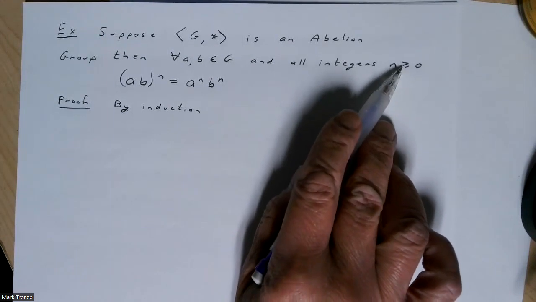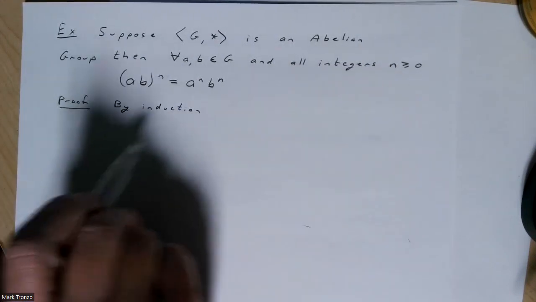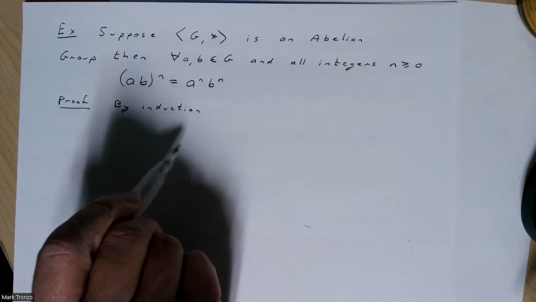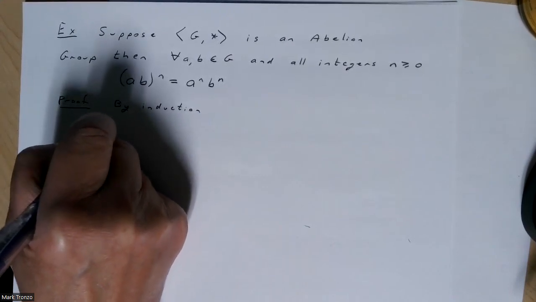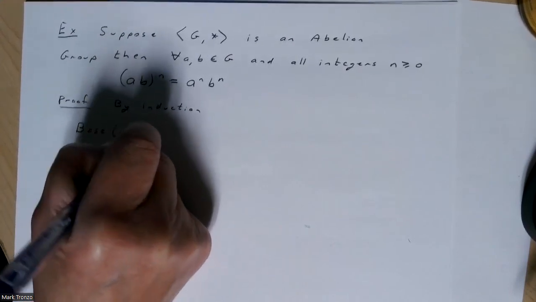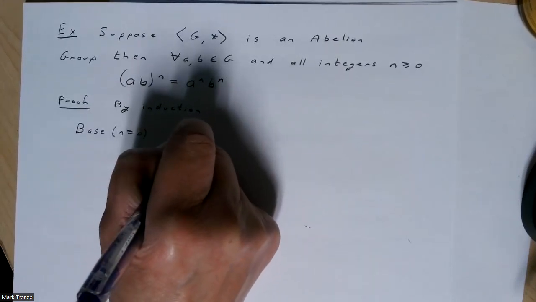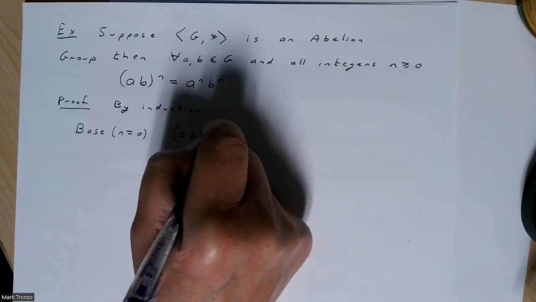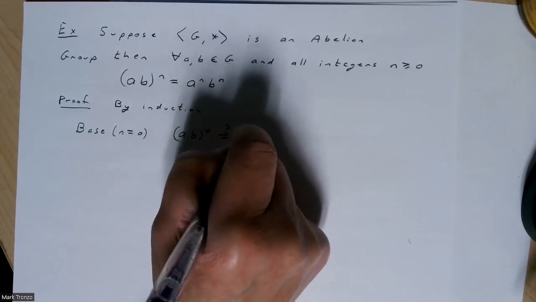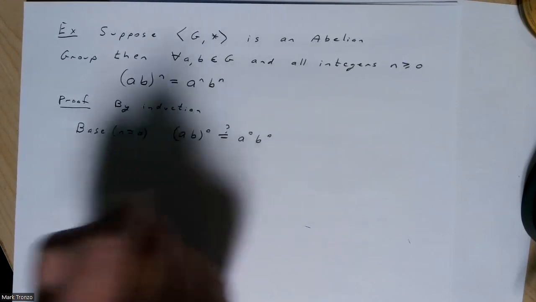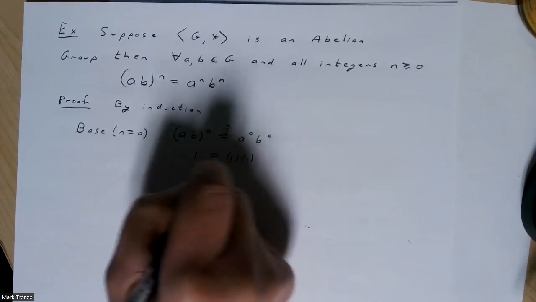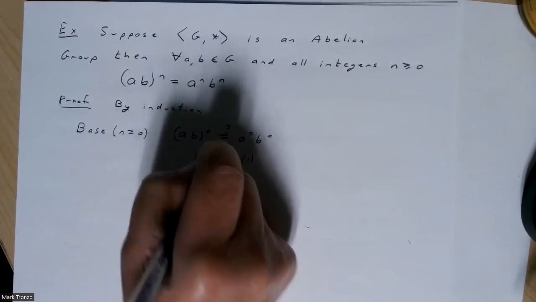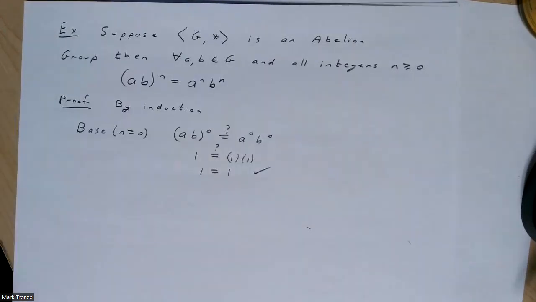We're going to prove this by induction, limiting it to values n greater than or equal to 0. By induction, let's do the basis step, for n equals 0. For n equals 0, we'd have (AB)^0. Is that going to be equal to A^0 B^0? Of course, this is 1, this is 1 times 1. So 1 equals 1. Yes, that's true.